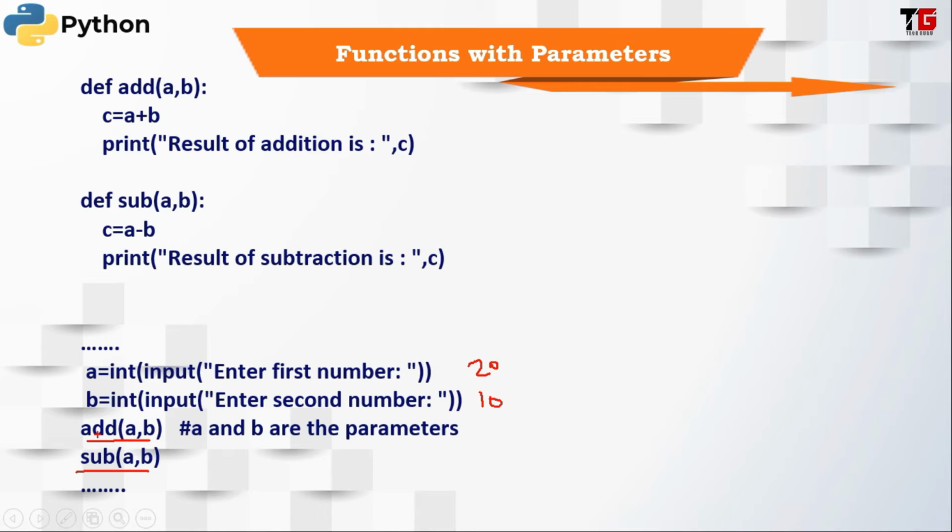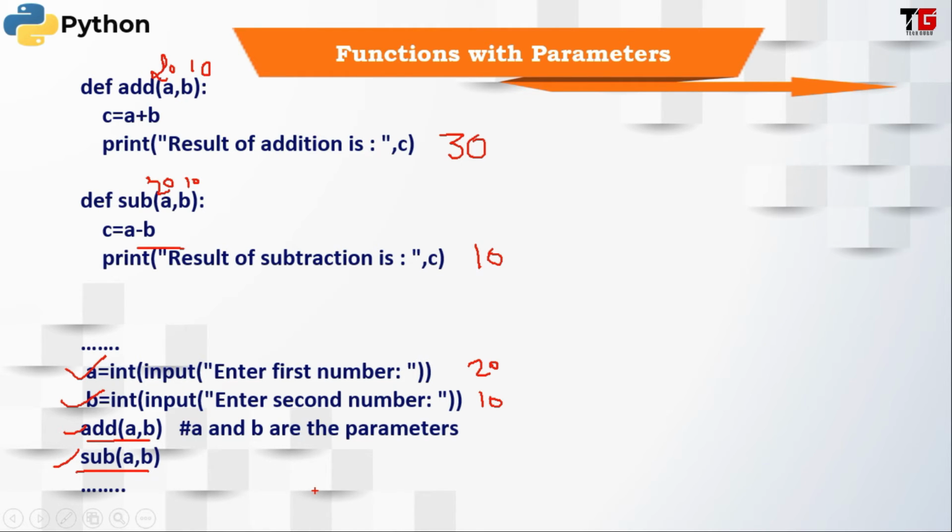So first of all I am calling add, which means 20 will be transferred to this, 10 will be transferred to this. So here I will get the result as 30. In the second one, when I called subtract, 20 will be passed to this a, 10 will be passed to b, then 20 minus 10, which means the result 10 will be printed here. So I am using the same values as parameters to different functions.